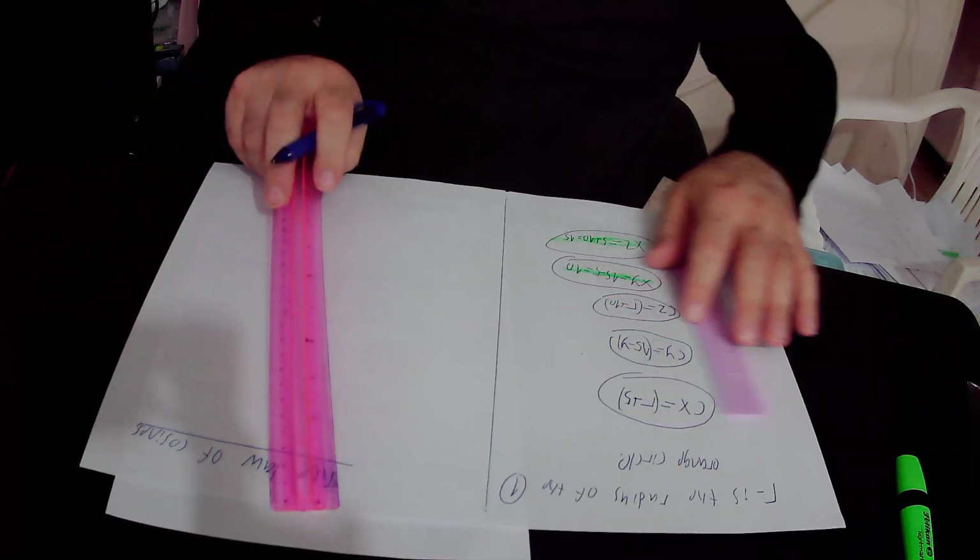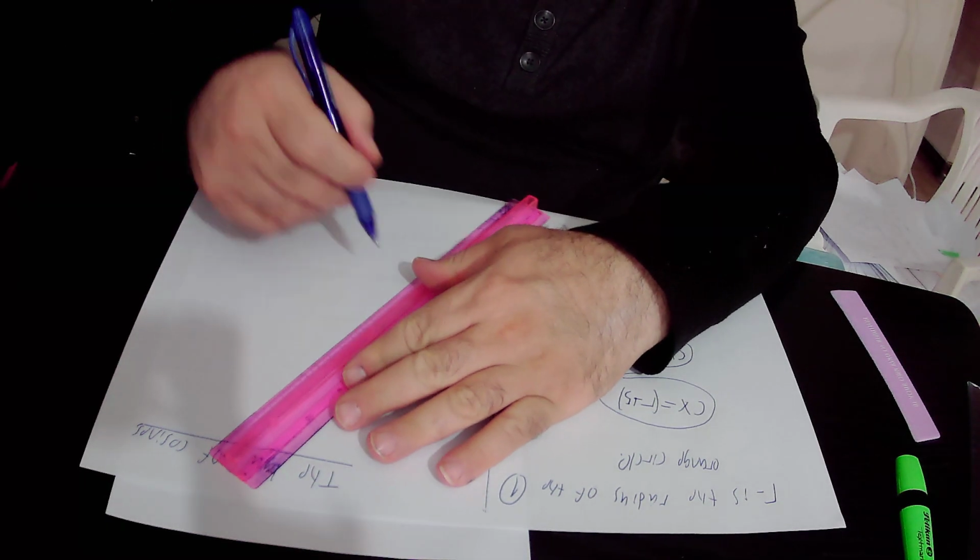So if we have triangle ABC, that could be any triangle.